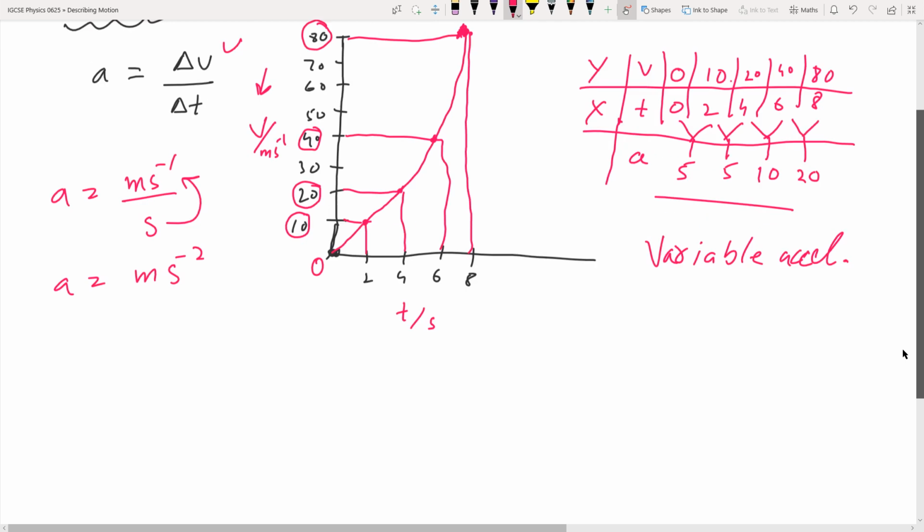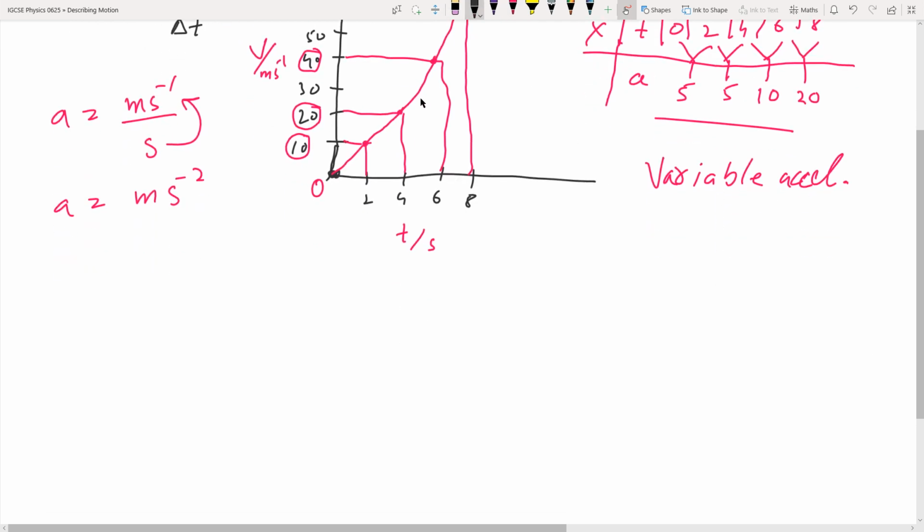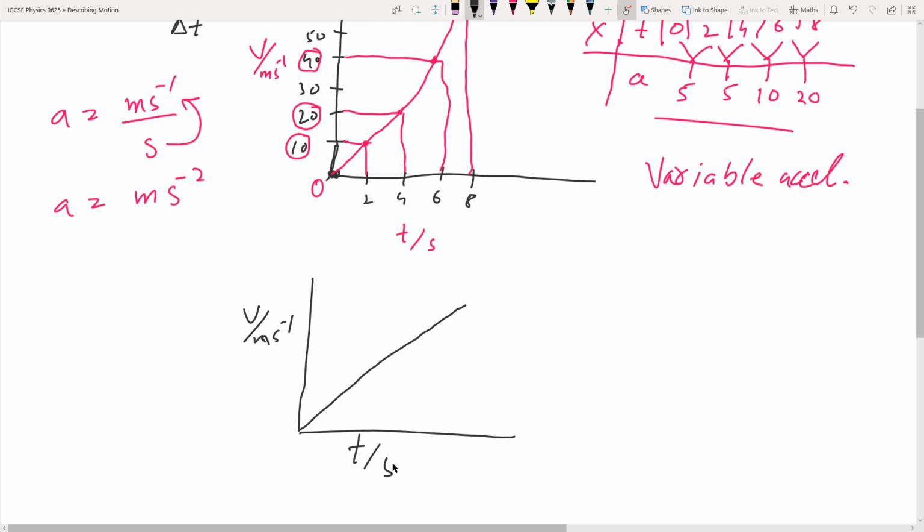right? Contrary to this, if we're supposed to draw linear acceleration, or you can say constant acceleration, it is supposed to be a straight line, and we do know constant means a constant gradient. So if it were v in meter per second and time in seconds, then this over here is going to be a straight line.